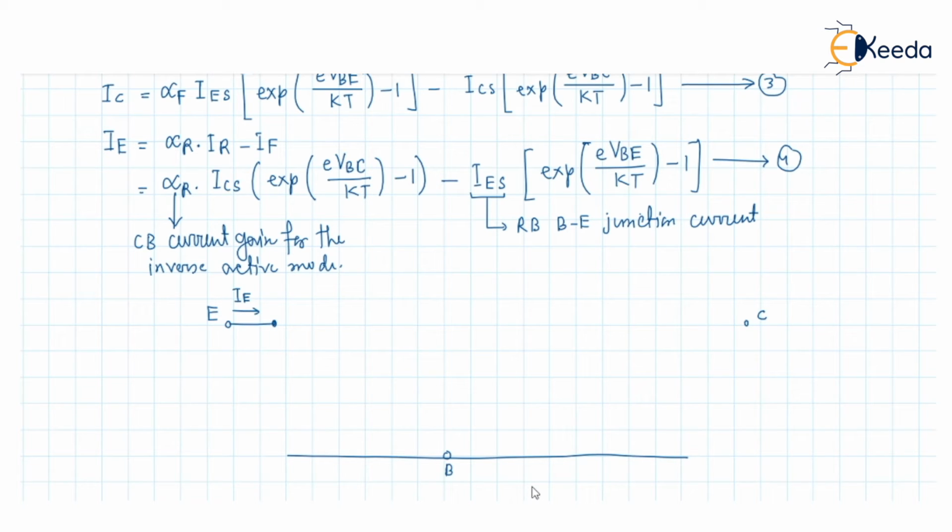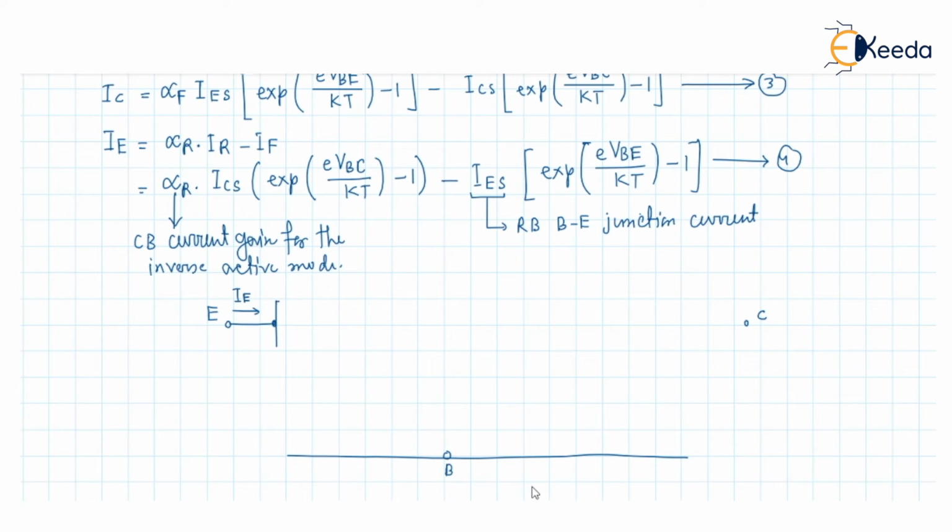Generally, the emitter current for an NPN transistor is due to electrons and goes outside of the emitter, but we are regarding here that the emitter current is coming inside, so there will be a minus sign in the current.